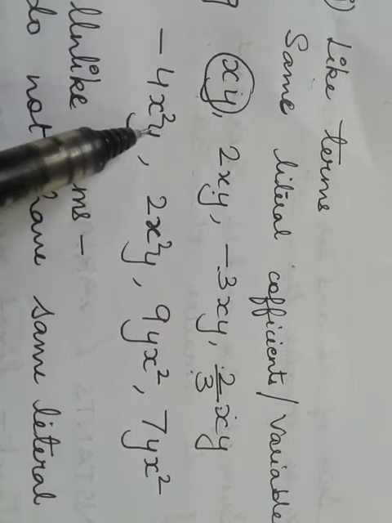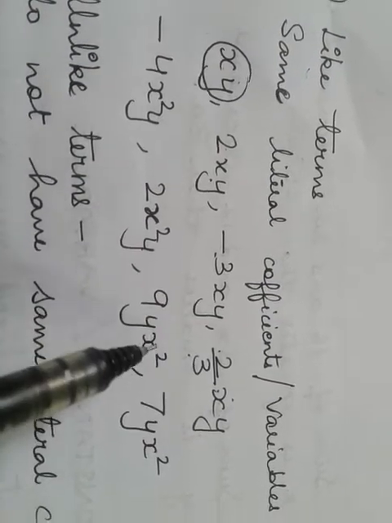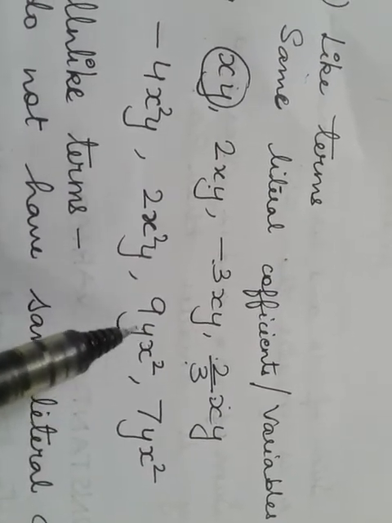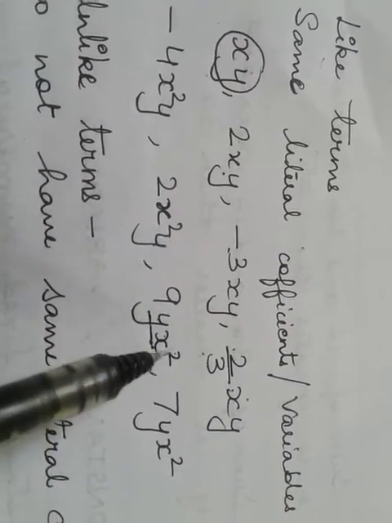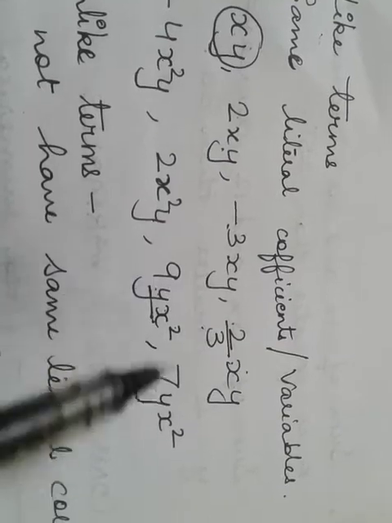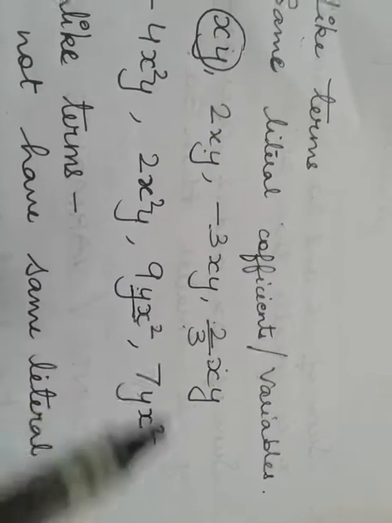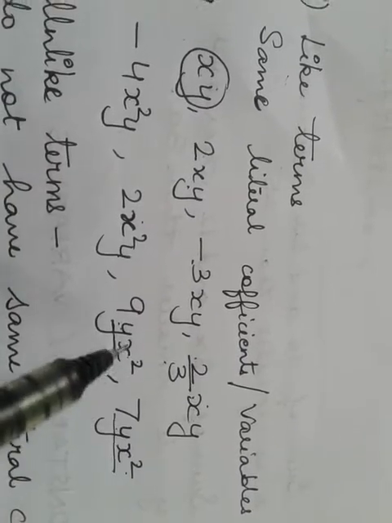Okay, then if we see the second example, x square y, x square y, x square y, although the positions have changed. See, x square y, here also x square y, x square y. So we say that these four are also like terms, although the positions of y and x have changed.